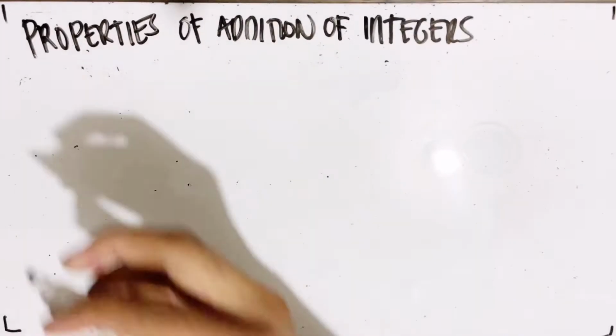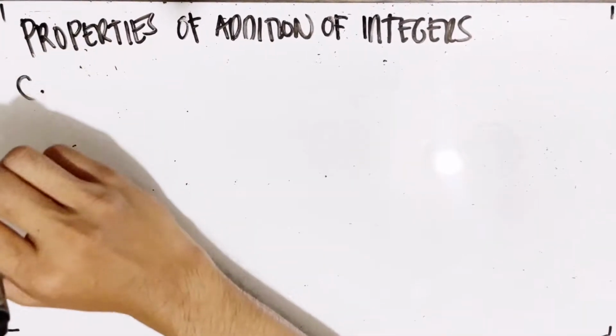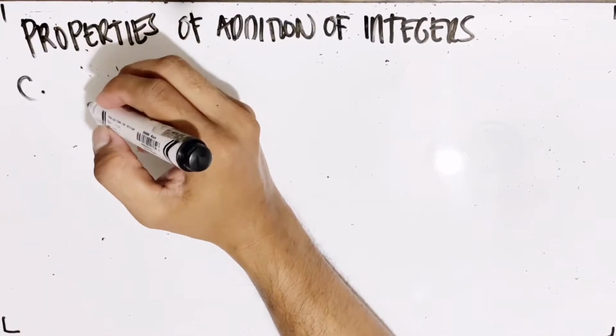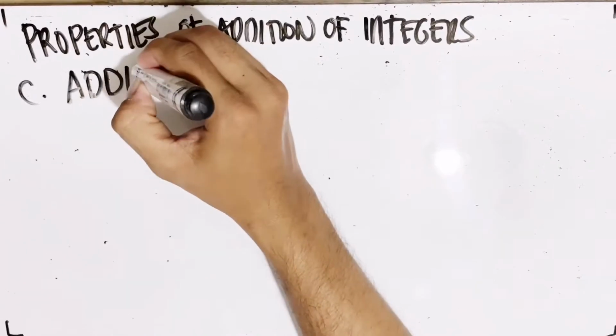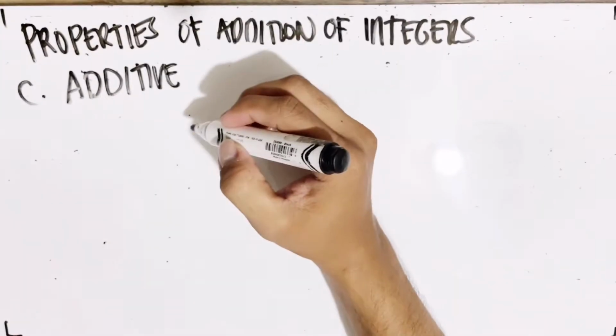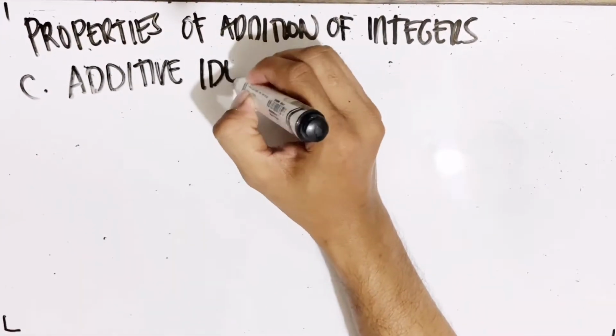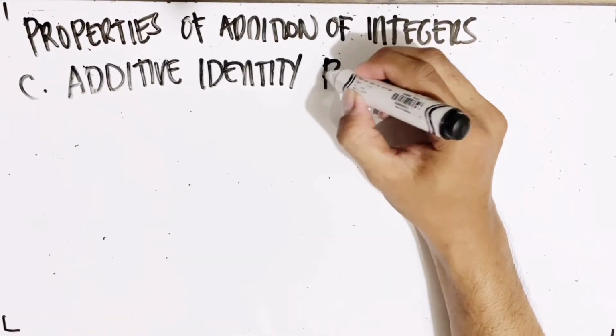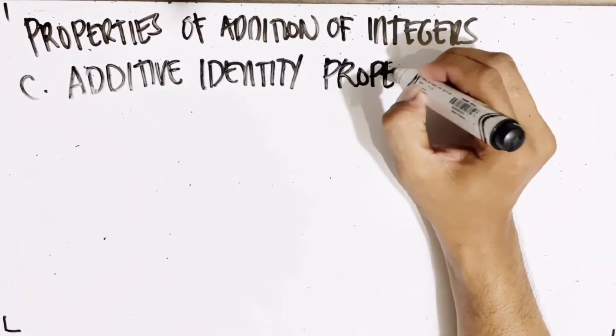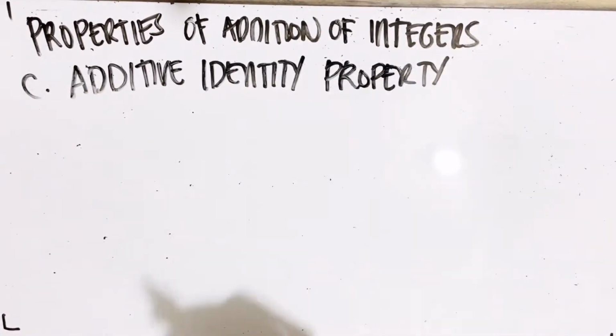Now the third property of addition of integers is the additive identity property. Additive identity property states that adding 0 to any number does not change the value of the number.